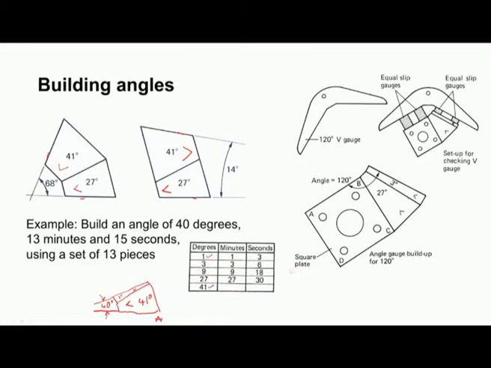So, next we have to build an angle of 13 minutes. To build 13 minutes we can select this 9 minute gauge block, 3 minute gauge block and 1 minute gauge block. So, totally if we assemble them it becomes 13 minutes.